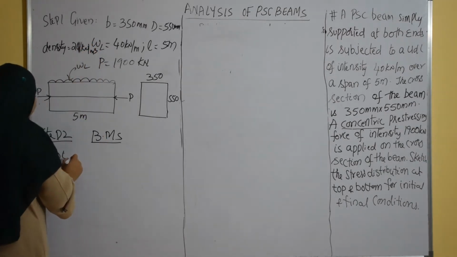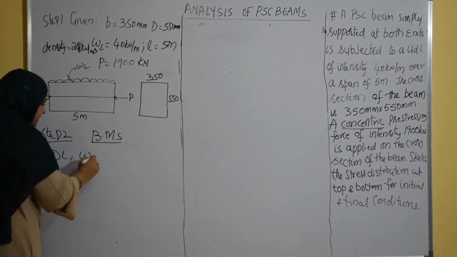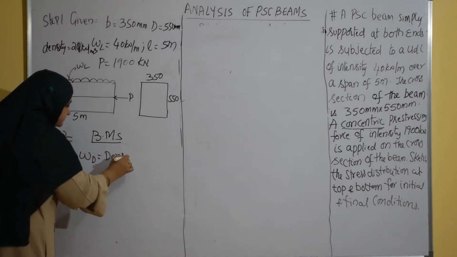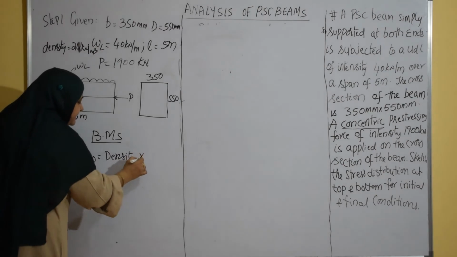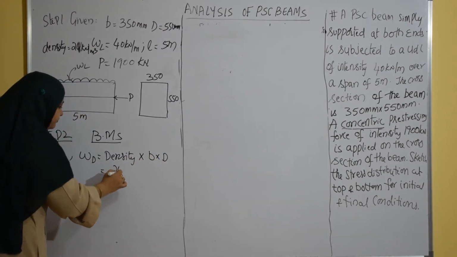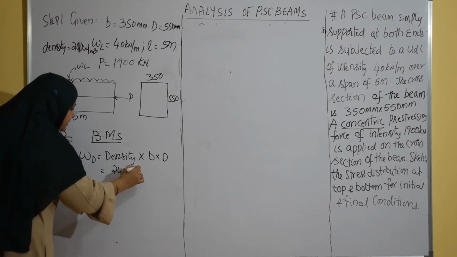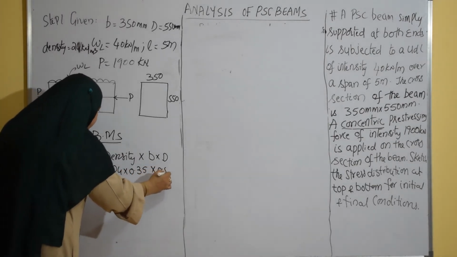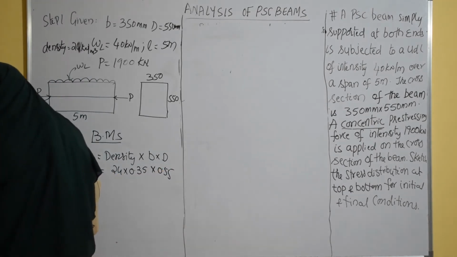So you get dead load as density of concrete multiplied by the cross section. So 24 multiplied by 0.35 multiplied by 0.55.